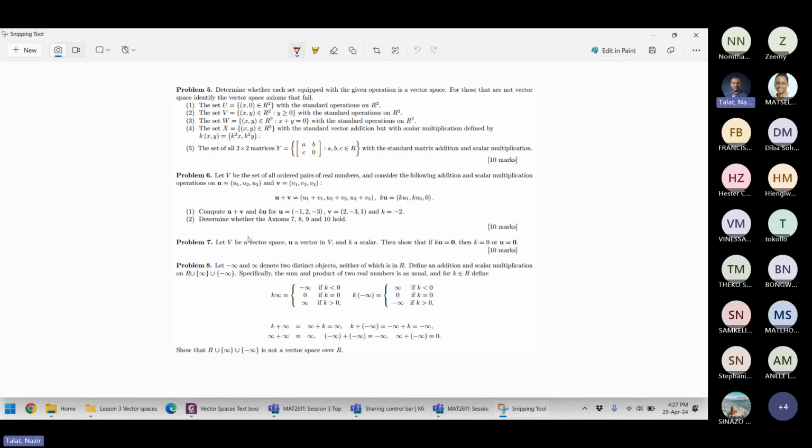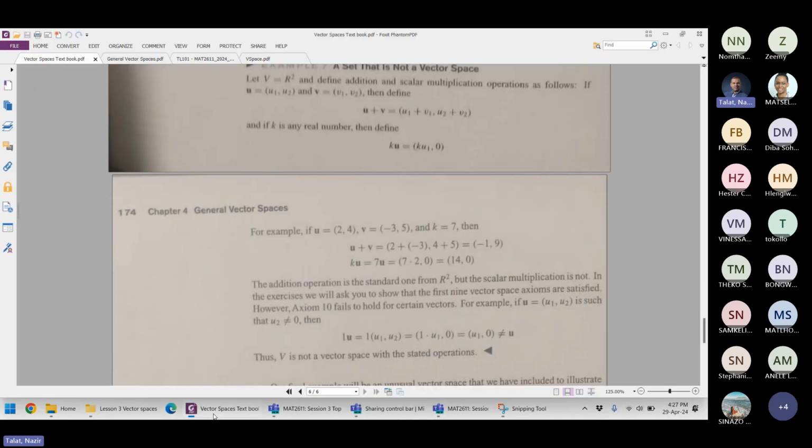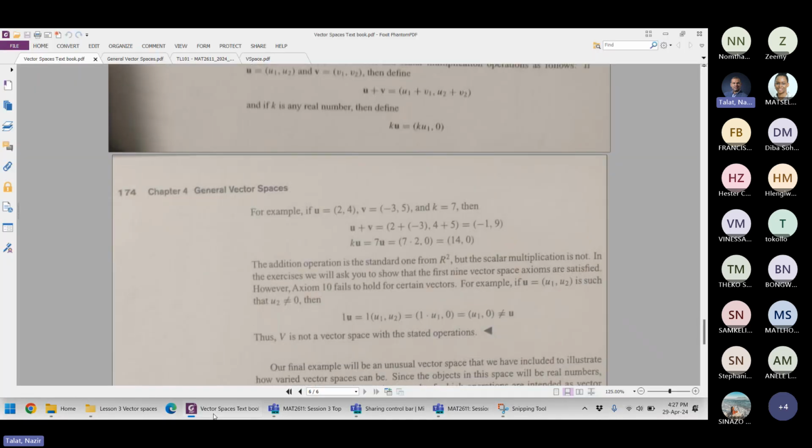And this is one result which is taken from the last property of a vector space.